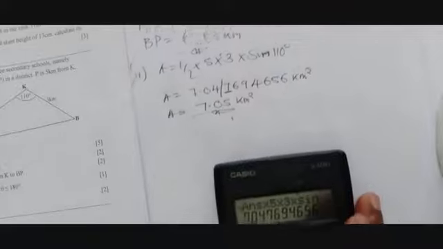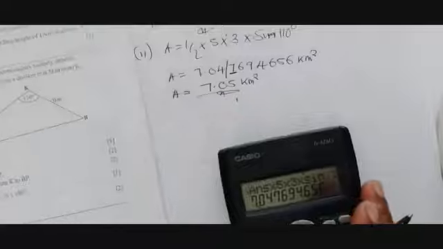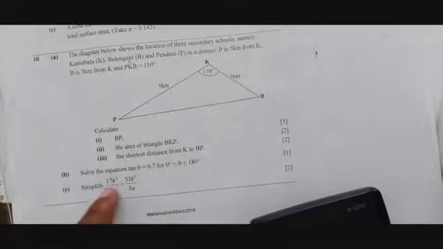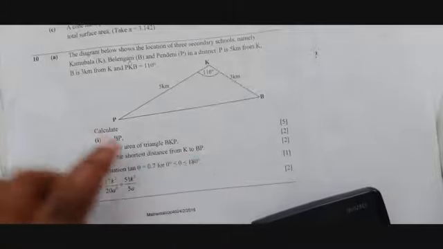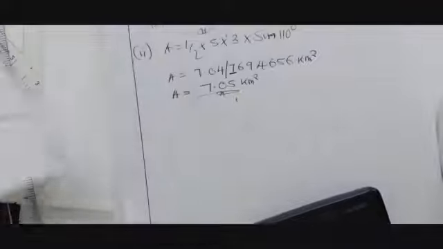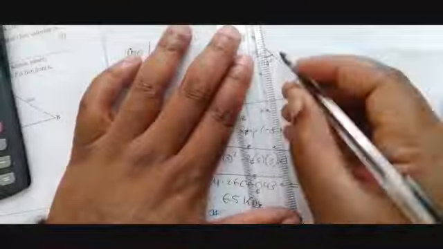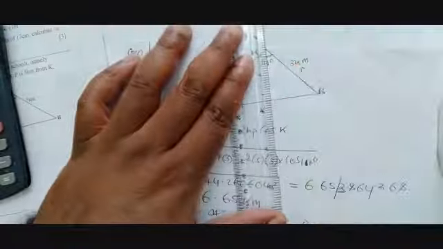Then we go to Roman numeral 3. Calculate the shortest distance from K to BP. Right. So the shortest distance from K to BP here, maybe from here to there.